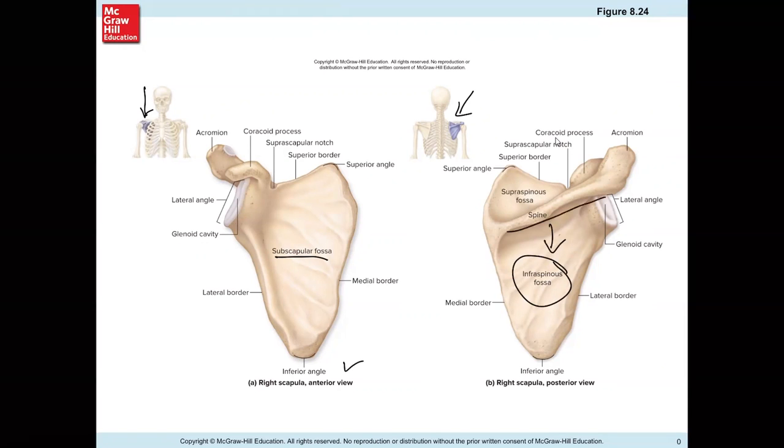So there's a spine on here. Above the spine, there is a supraspinous fossa. These are places where muscles are going to lie. The acromion is important because of where it hooks up with the clavicle. All of these are important, but right now we're just going to know some basic things. I'd be happy if you know it's the scapula.